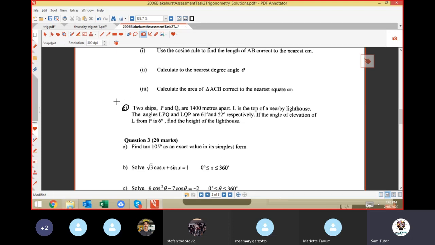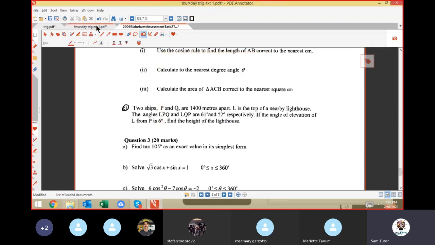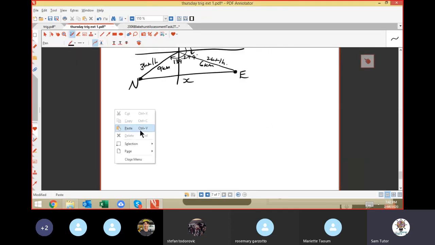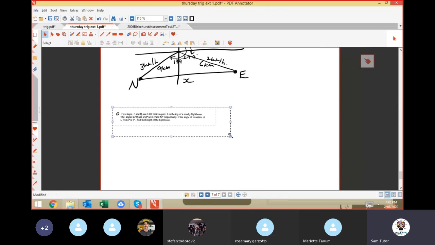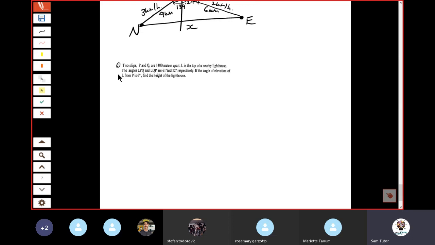Now we'll look at this 3D triangle, which this person couldn't do as well back in 2006. So let's see if we can help him out. Two ships, P and Q, are 1,400 meters apart. L is the top of a nearby lighthouse.